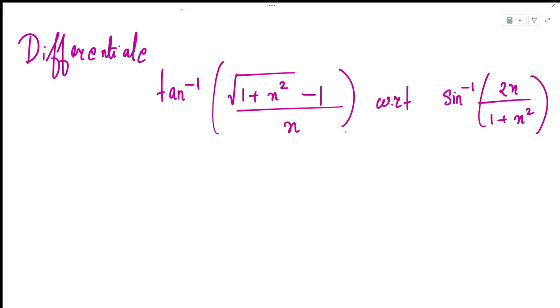So we are to differentiate tan inverse of square root of 1 plus x square minus 1 upon x with respect to sine inverse 2x upon 1 plus x square.